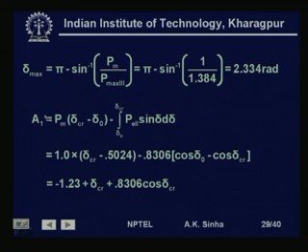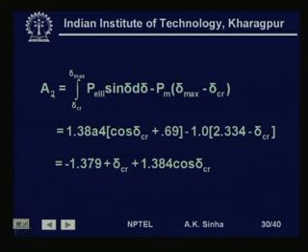So, we substitute the values here: 1 into P_m is 1, delta critical minus delta 0, which is 27 degrees, that is 0.5024, minus P_2, which is 0.8306, with this sin delta d delta. When we do the substitution of the limit, this is cos delta 0 minus cos delta CR. So, we substitute these values, then we get this as the accelerating area.